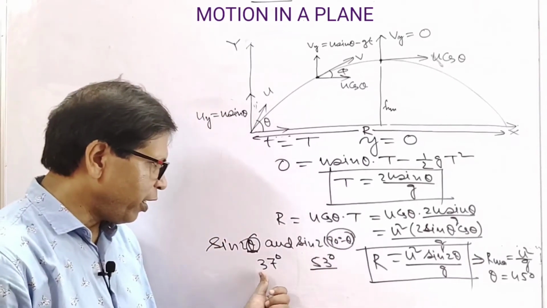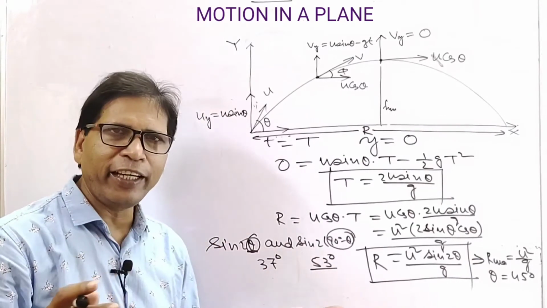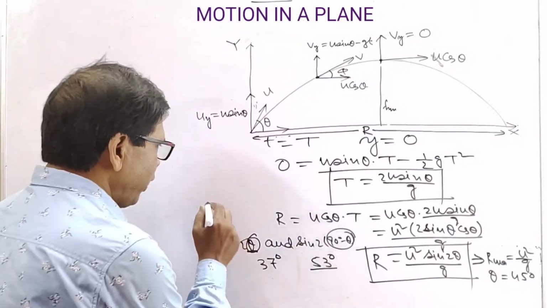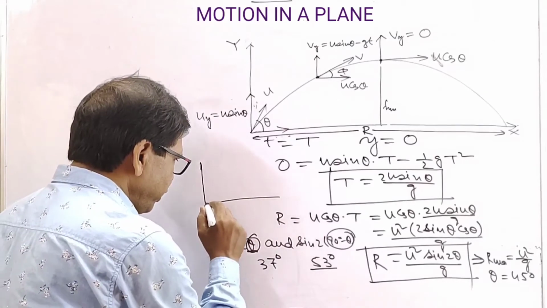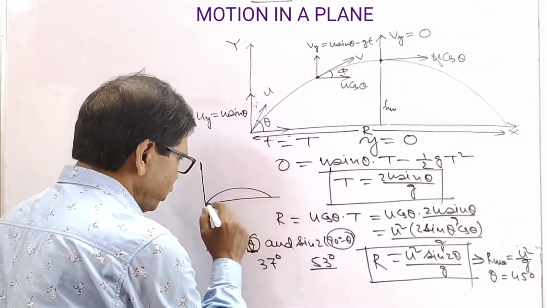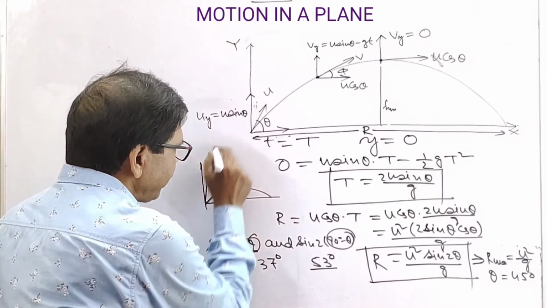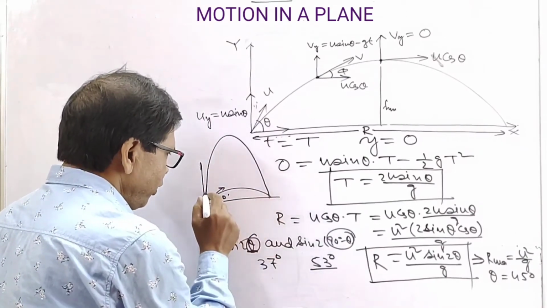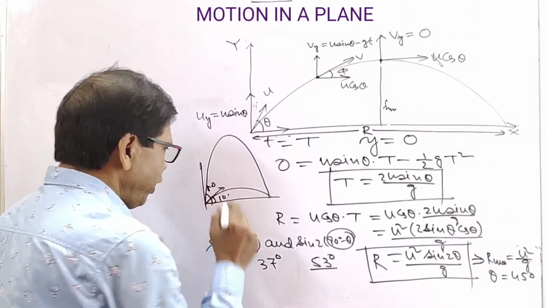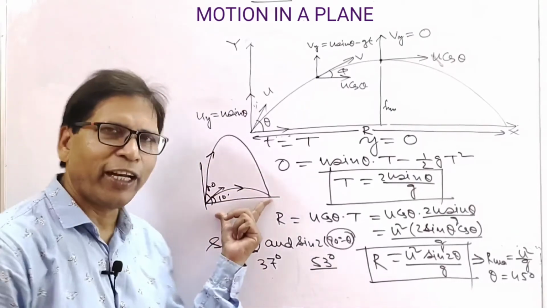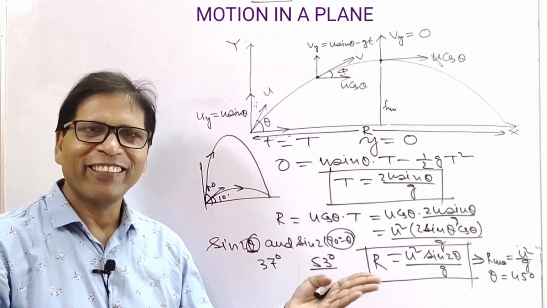In the same way, the horizontal range at 10 degree is the same as the horizontal range at 80 degree. Now look at the figure. Suppose this is the angle of projection, 10 degree, and this is 80 degree. Their trajectories are different but the horizontal ranges are the same.